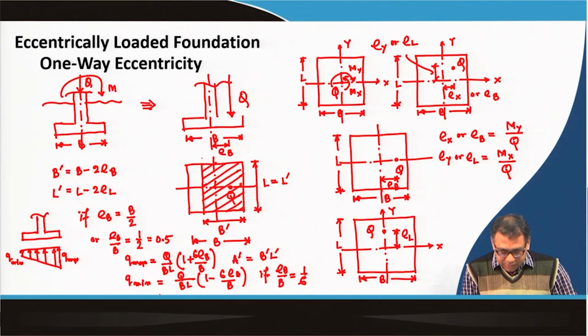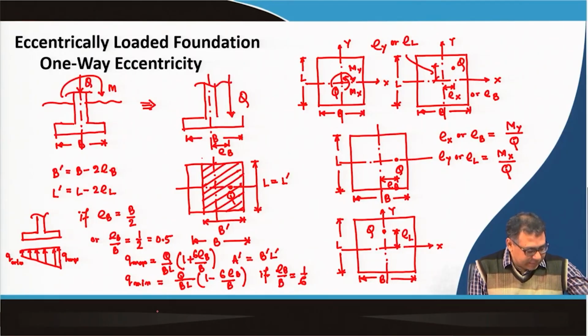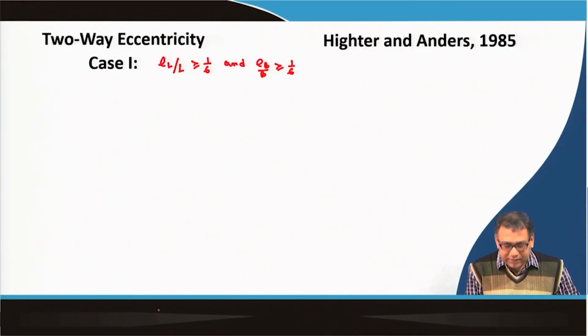So, now I can write the other cases. The first case is taken as e_L by L greater than or equal to 1 by 6 and e_B by B greater than or equal to 1 by 6, because this limit is important, as I mentioned, these two values 0.5 and 1 by 6.